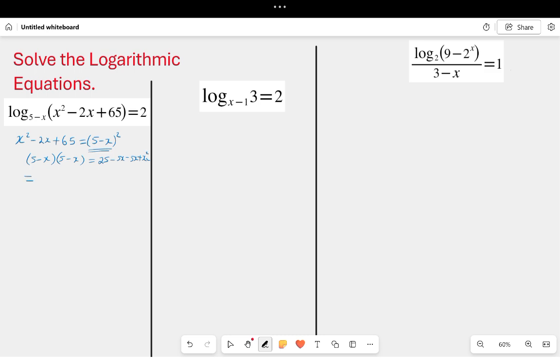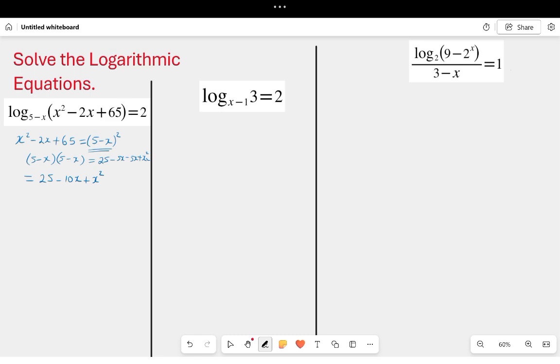So whereby we are going to get 25 minus 10x plus x squared.